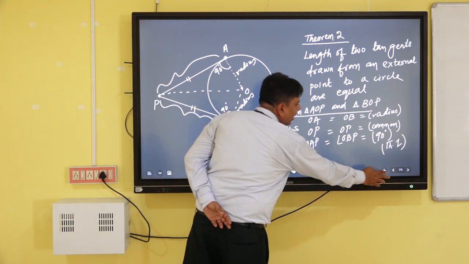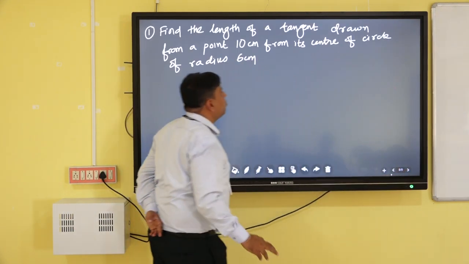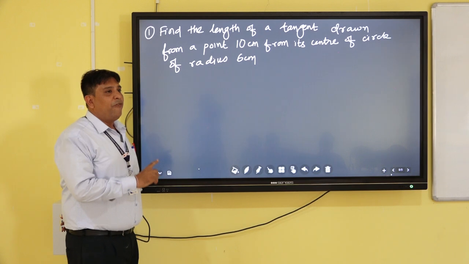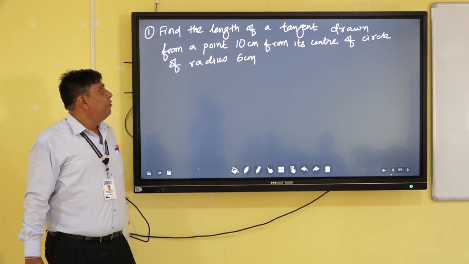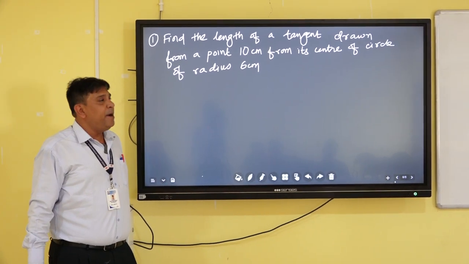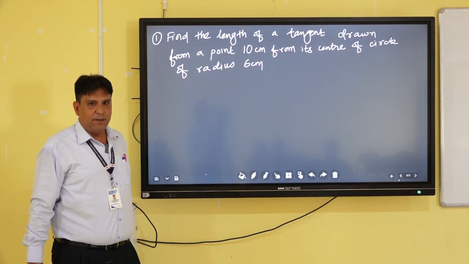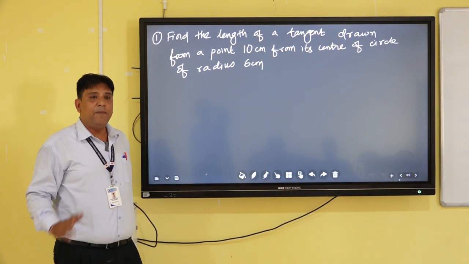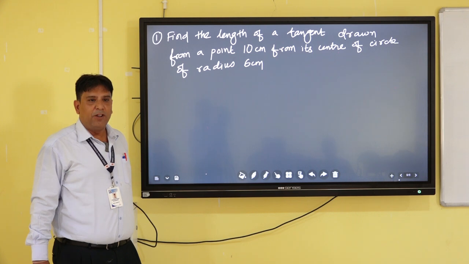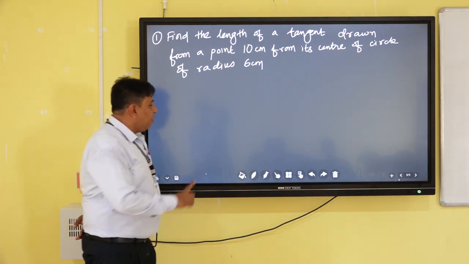Let's see a question related to this. Find the length of the tangent from a point 10 centimeter from the center of a circle of radius 6 centimeter. Here no diagram is given. I have to draw a diagram for this question, right? Now what is the question?